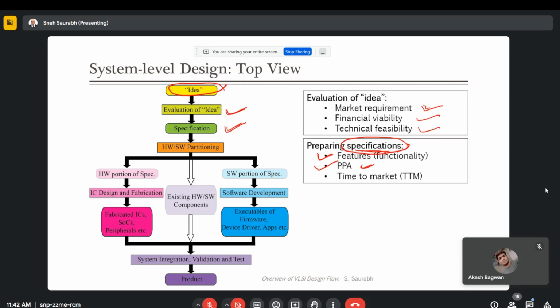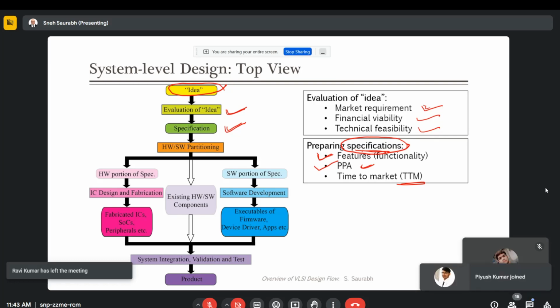Another very important thing is time to market, right? In our semiconductor industry, one of the biggest things is competition. So we always want to launch our product as early as possible, at least before our competitor. And therefore, those things set constraints on our design schedule: within 9 months, within 12 months, or whatever the time schedule is, we must be ready with our layout or our design.